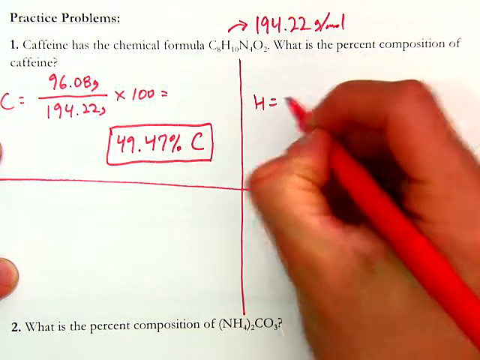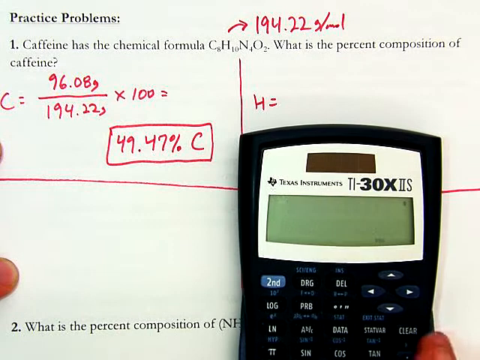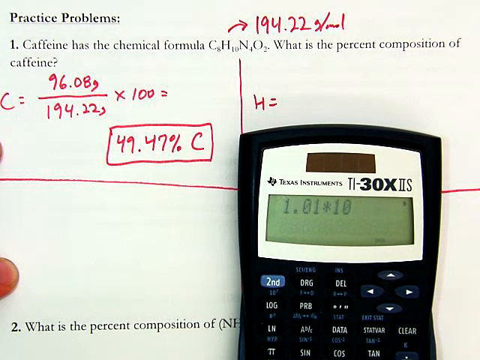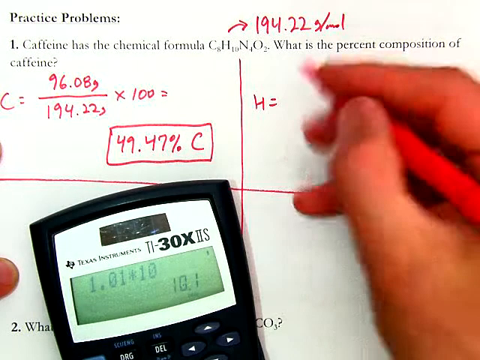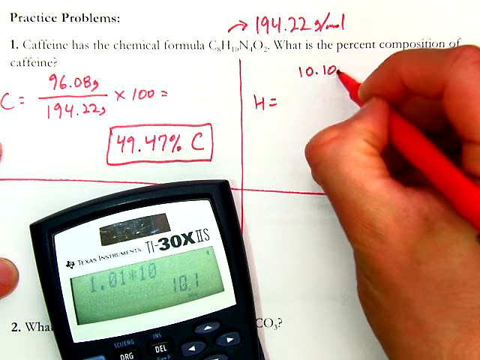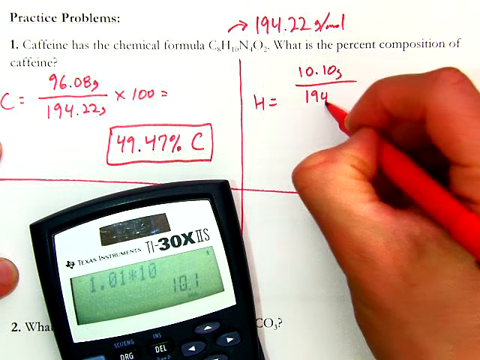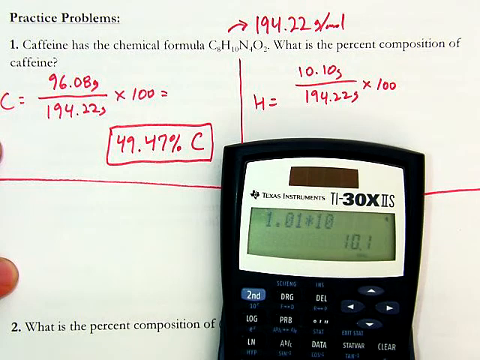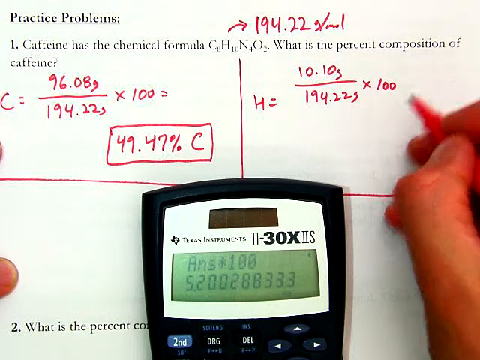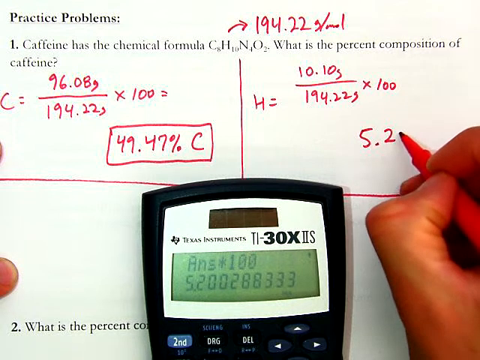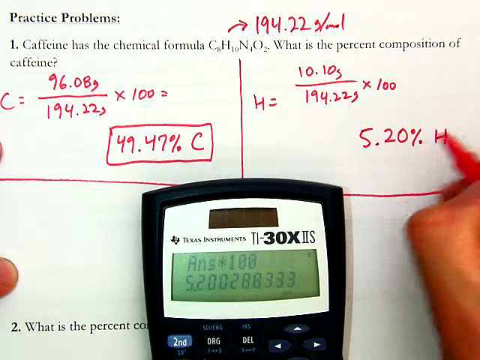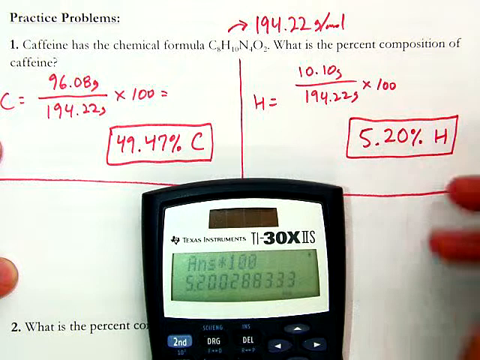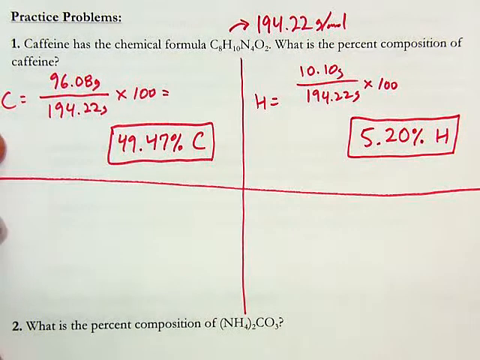Hydrogen is going to be 1.01 times 10 is 10.1. So that's 10.1 grams of the 194.22 grams times 100. So on here, divided by 194.22 times 100, about 5.2%. So a little over 5% hydrogen by mass. We're going to do the same thing for the other elements.